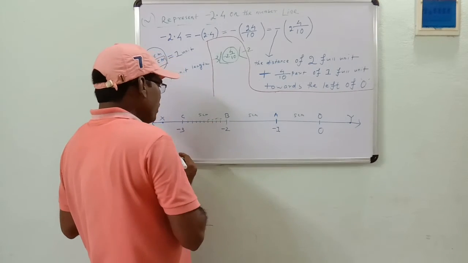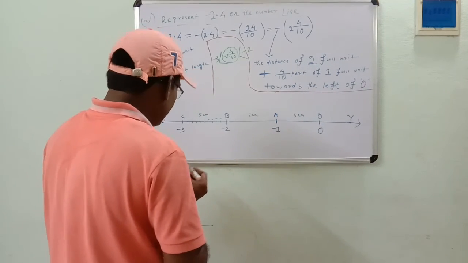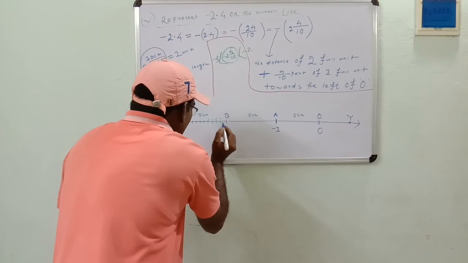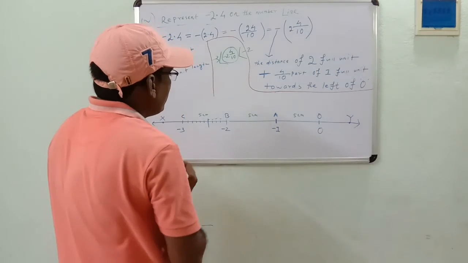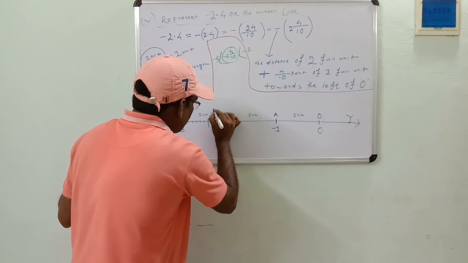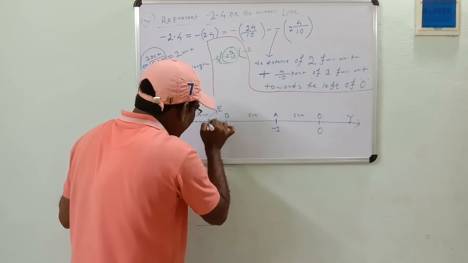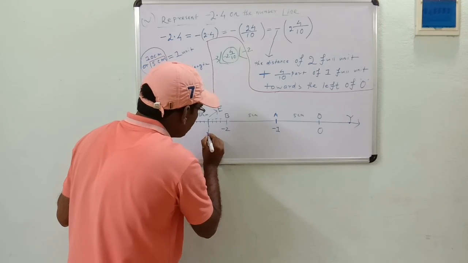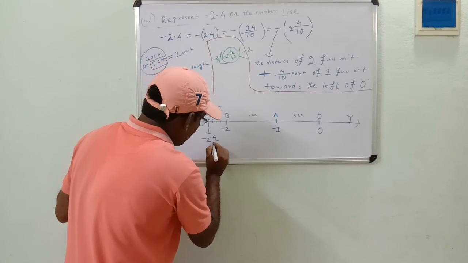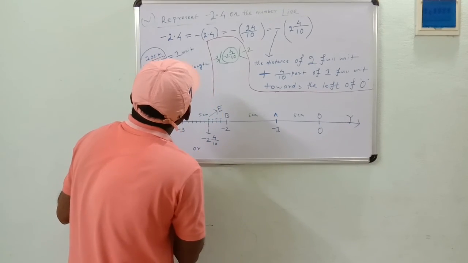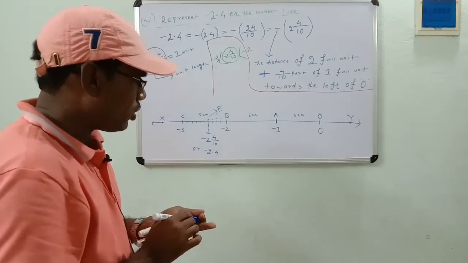So this point, marked in blue, suppose its name is E. This E point will represent -2 full 4/10 or -2.4. Yes, check whether it is correct or not.